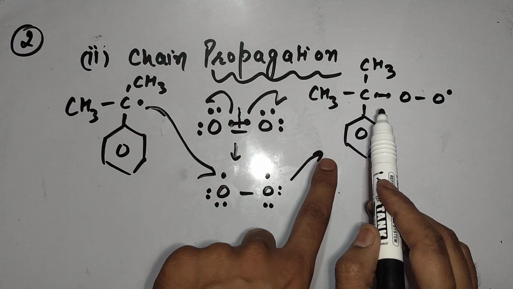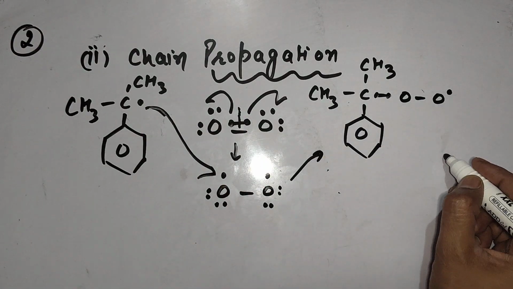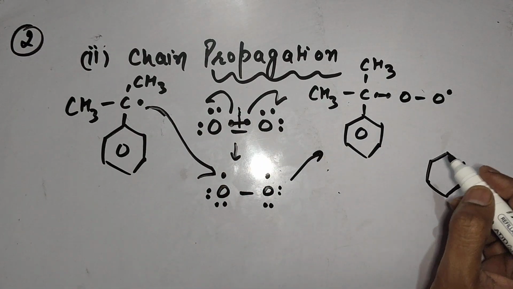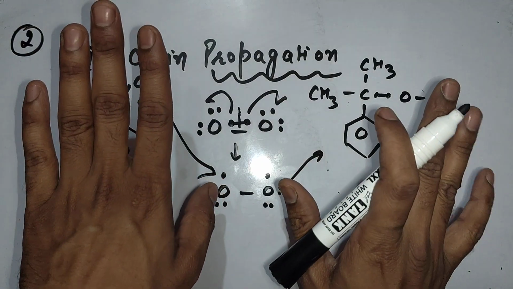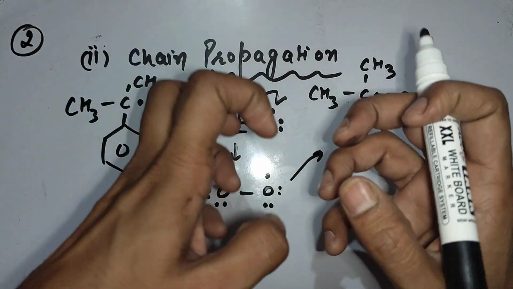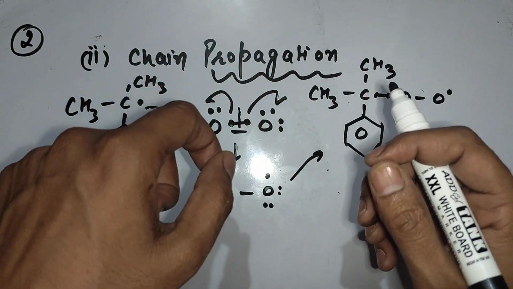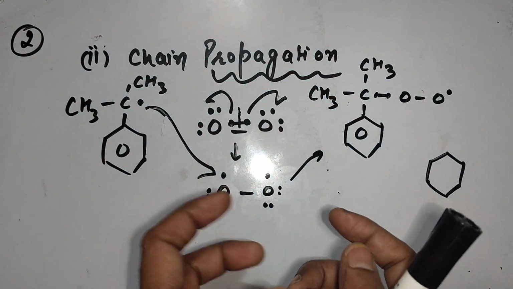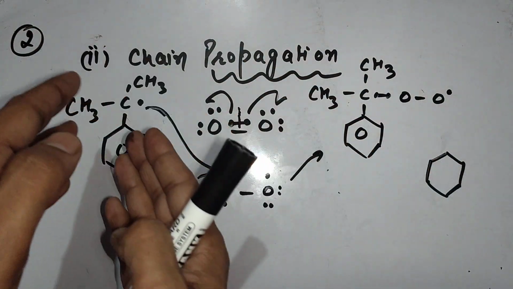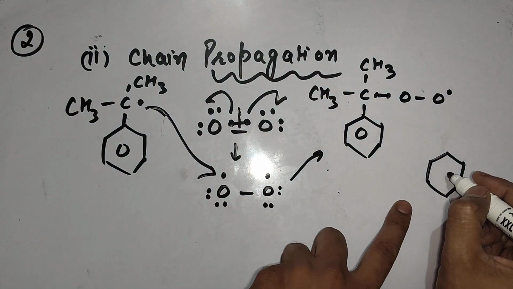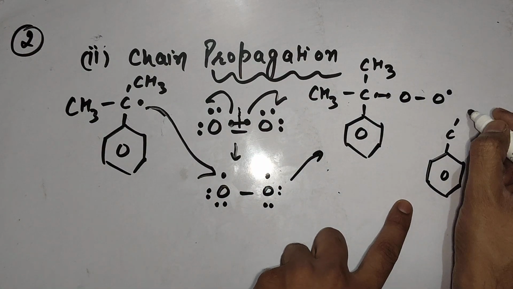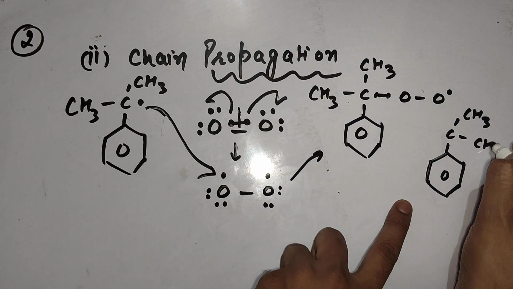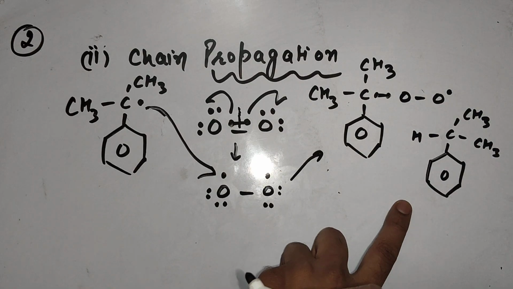Now this free radical will react with another molecule of cumene, because we know in this mixture cumene and oxygen gas are available. Benzoyl peroxide was there but in very small amount, which we have utilized. Now the further reaction is carried out by these particles. This was cumene.